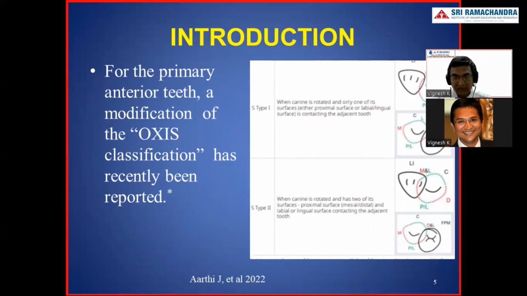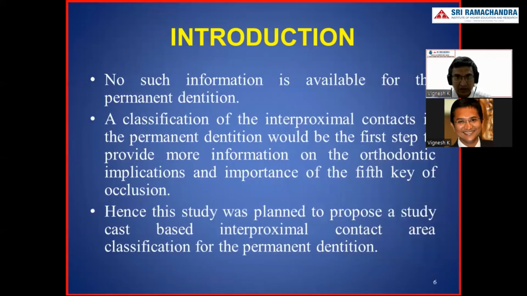S type 2 is basically a more severe type where the canine or any anterior tooth is rotated and has 2 of its surfaces, that is the proximal surface, mesial or distal, and labial or lingual surface contacting the adjacent tooth. So you can see the S type 1 and the S type 2 graphic demonstration.